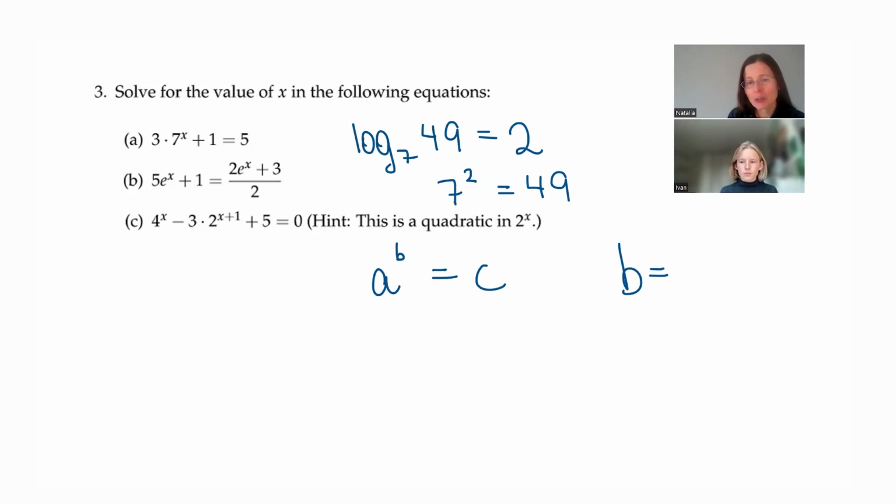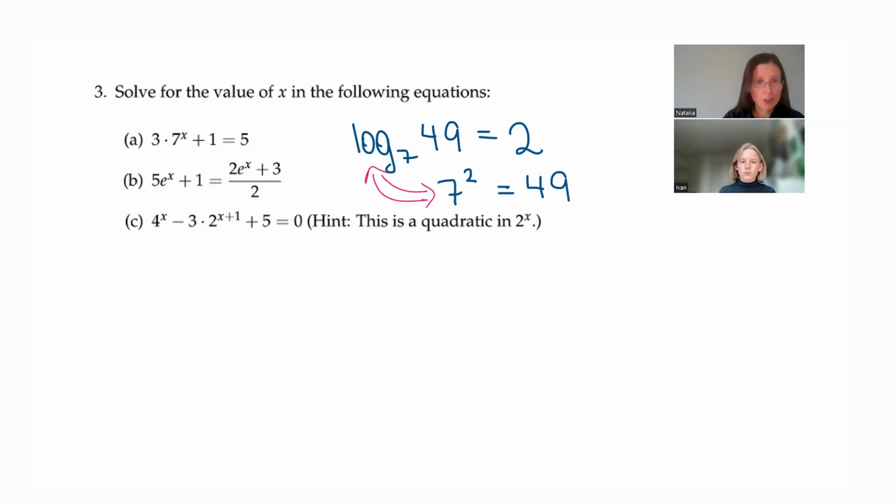If I'm rewriting it in terms of b equals something, it will be b equals logarithm base a of c. A will be the base, c will be the argument. That's right. So these are equivalent expressions, just like in the example with 7 and 49. We will need to use this step at the end when we will be solving the equations.